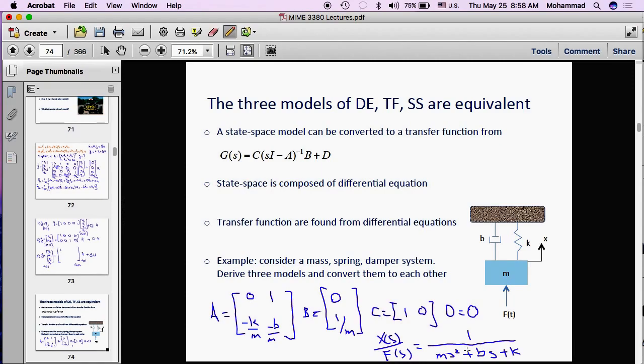Is that what we found, or was something else in the numerator? That's what I'm not sure. Was it 1 over ms squared plus bs plus k?